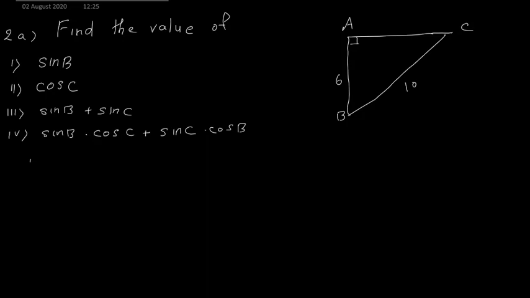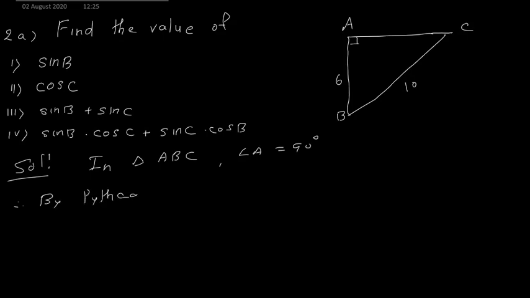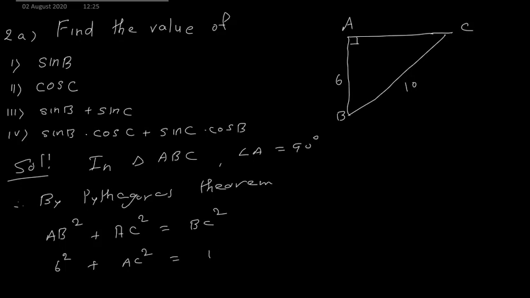So in the solution, we say that in triangle ABC, angle A is 90 degrees. Therefore, by Pythagoras theorem, AB square plus AC square is equal to BC square. The value of AB is 6, so 6 square, plus AC square is equal to BC square, and the value of BC is 10, so 10 square.